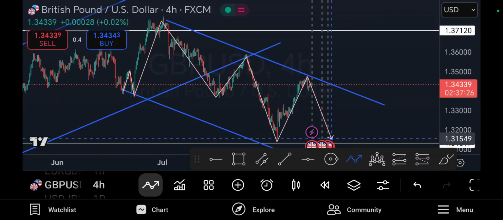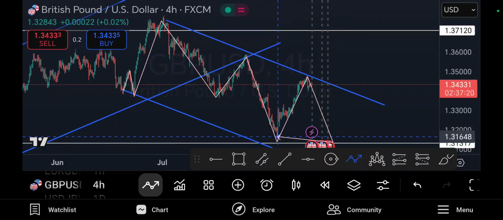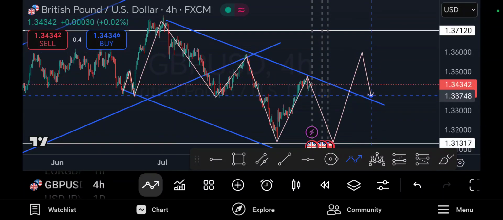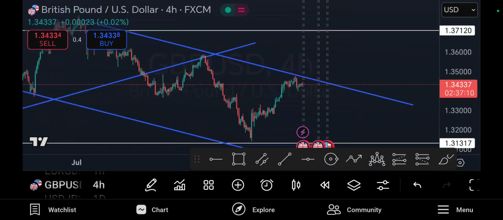So we can expect ourselves coming in there, then taking it to the bottom side, and then wait for our buys to come in as well, push up, retest, then push further up. And that's GBP USD.